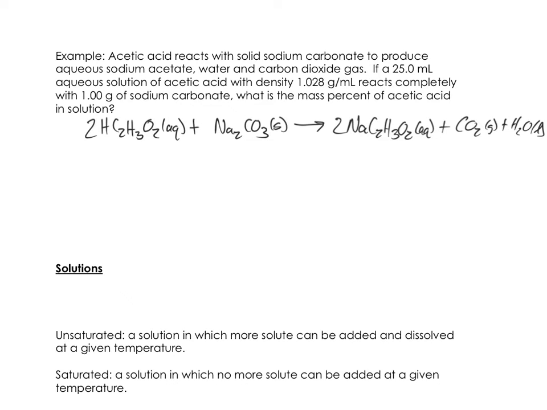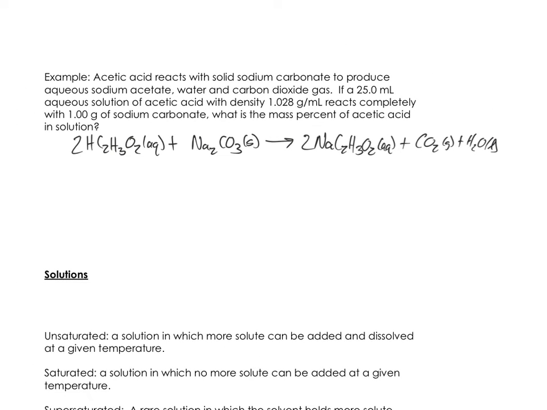So if I have an aqueous solution of acetic acid, and I have the density, and I react it with 1.00 grams of sodium carbonate, what's the mass percent of acetic acid in the solution? So this is an interesting question, and it's important for us to recognize what's going on here.